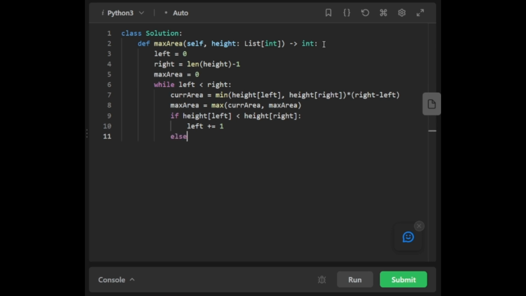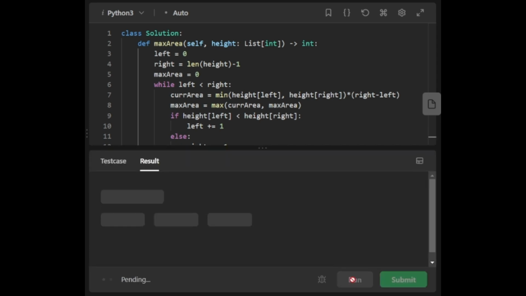Else, if our height in the right is smaller than the height in the left index, then we would bring our right pointer inwards. And in the end, we will be returning our max area.